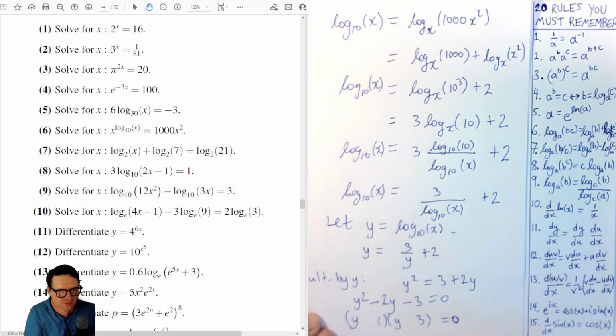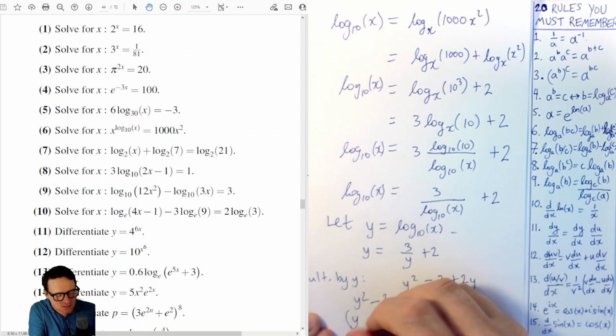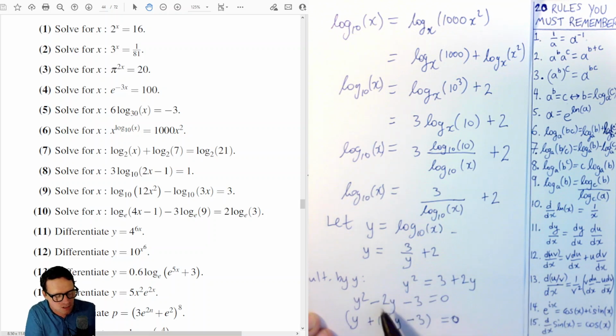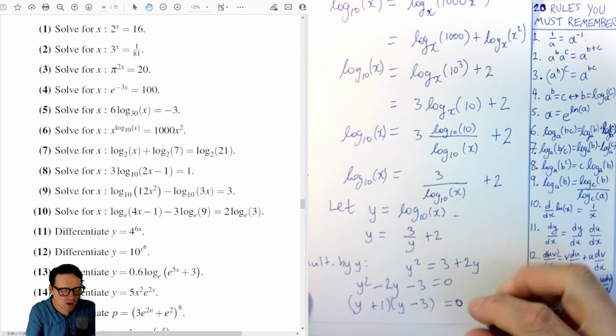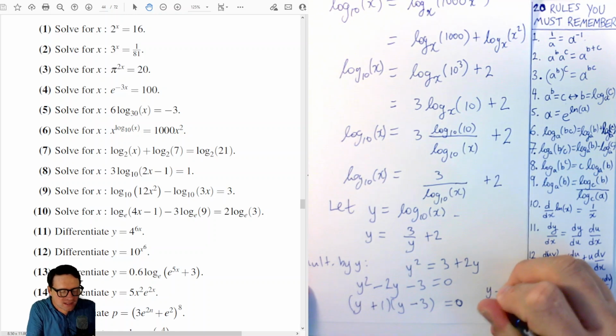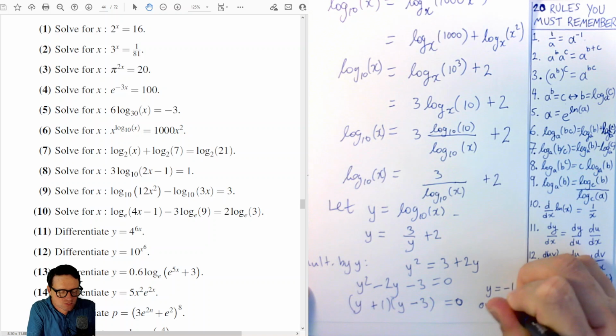This is negative, so 1 takes a positive and 1 takes a negative, but the coefficient of y is negative, so we want our larger number to carry the minus sign. So that when we expand this out, we get minus 2y in the middle. Okay, so this tells us then that we have y equals minus 1 or y is equal to 3.